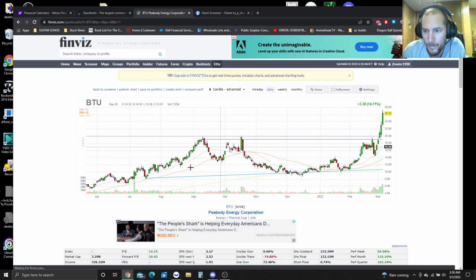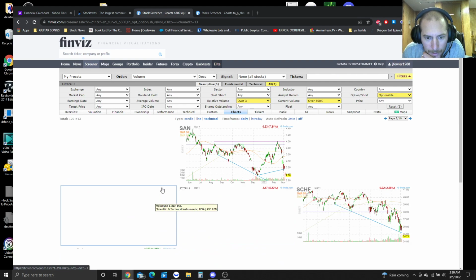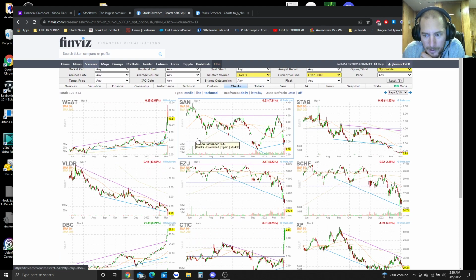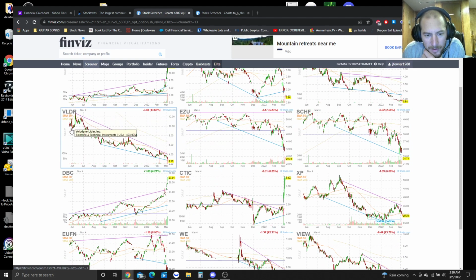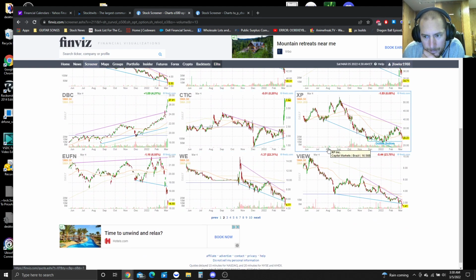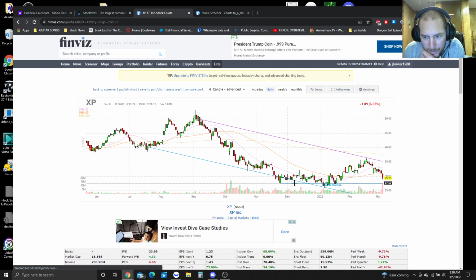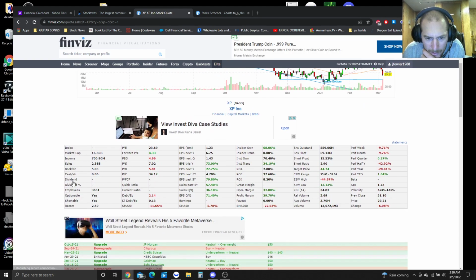Alright. Let's keep on carrying through here. We'll go through about 3 pages of this. See if there's anything else that looks good. This could be a decent one. It's approaching this really strong support here at 27.80.